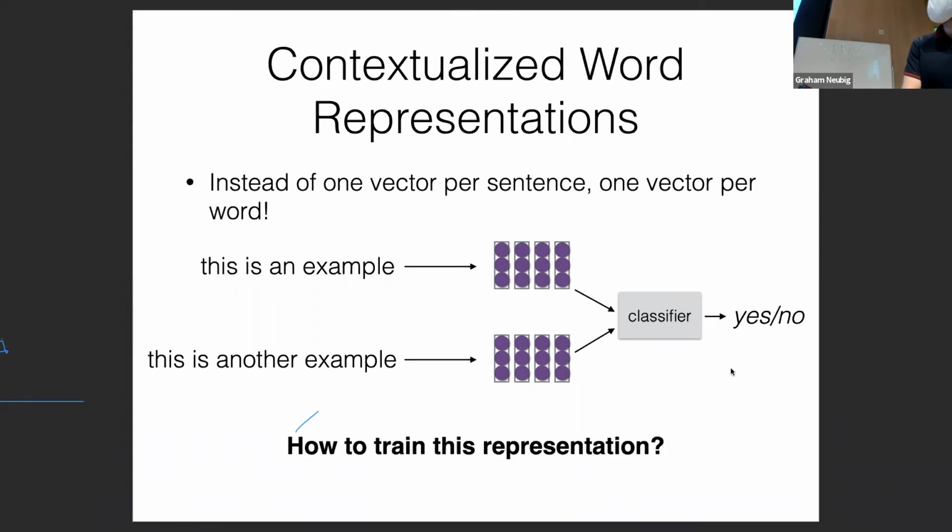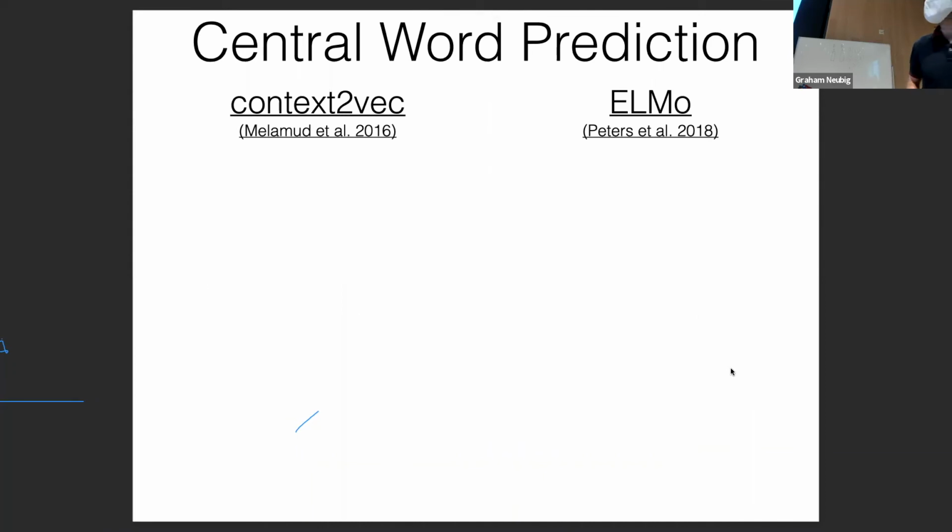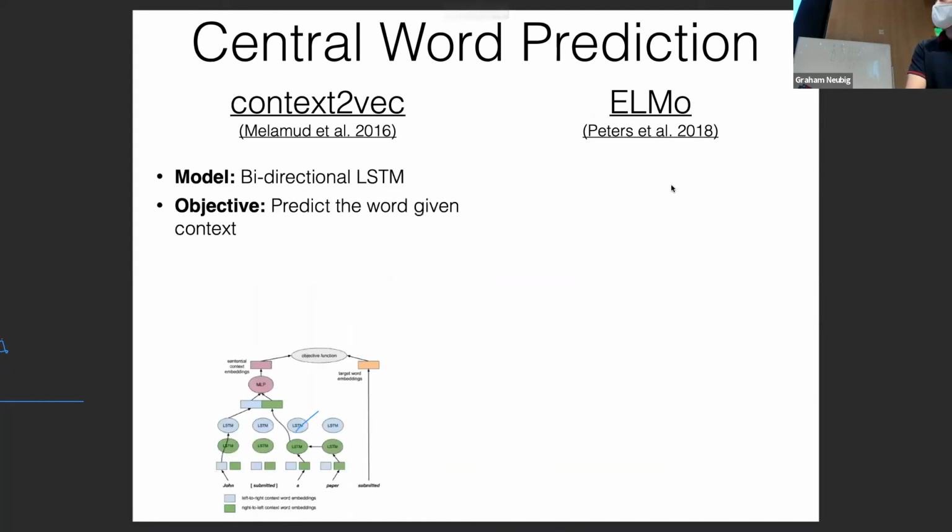So how do we train this representation? The first attempts to train representations like this that I'm aware of anyway are Context2Vec and Elmo. Context2Vec is the first one, and Elmo was kind of the one that popularized this. Basically the idea is you have a bidirectional LSTM. It's basically a language model, but you train it in both directions.